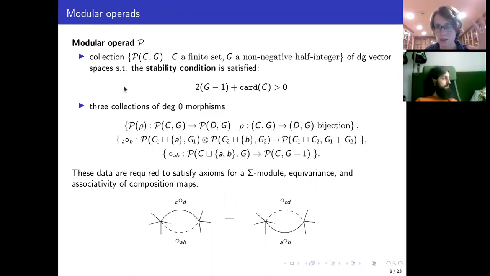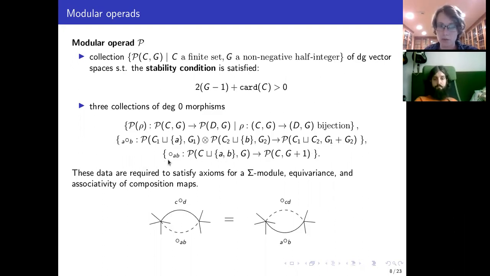And this structure, this algebraic space, is equipped with three collections of morphisms. The first one is telling us what the sigma action is, how it acts, so what will be trivial and what not. Then we have a composition between two components of this modular operad, which will produce some new vector space with some sigma action.